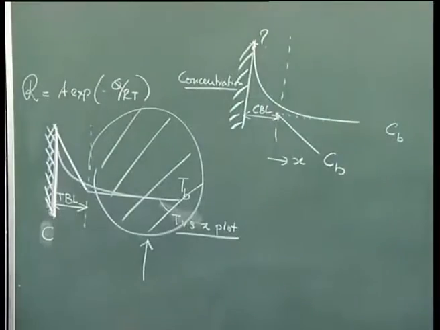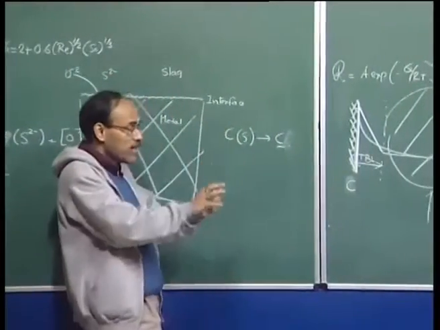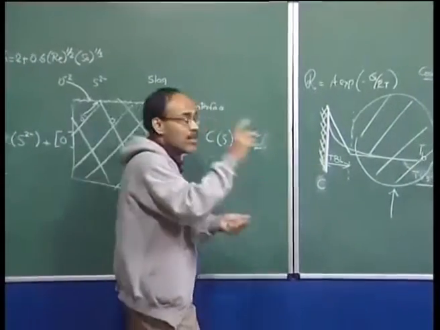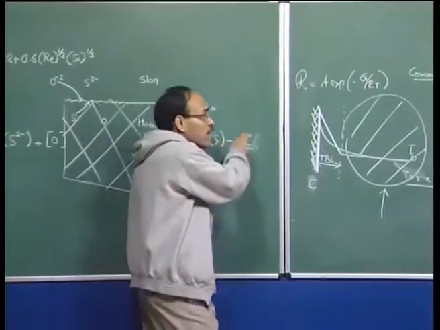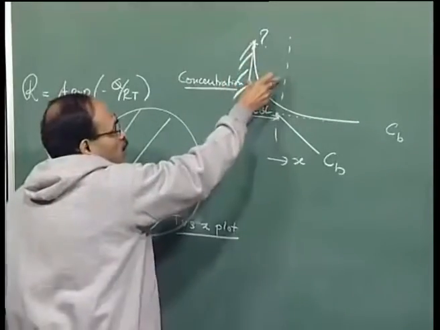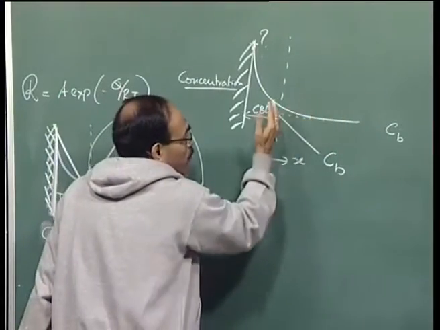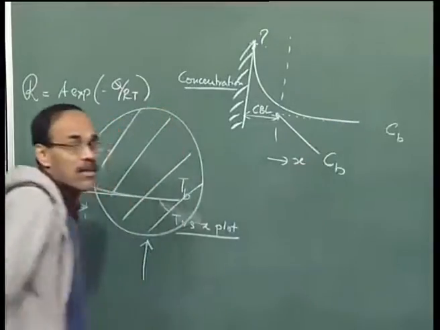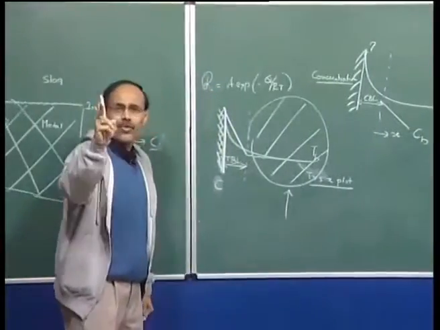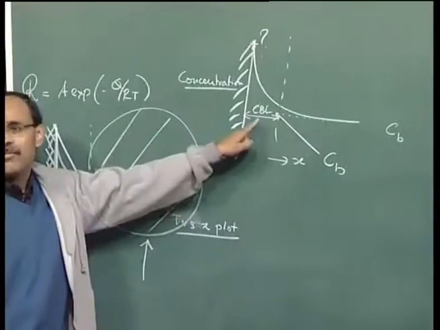Now, I will assume that the rate of dissolution, the rate of the solid going into the liquid, depends on the rate of this chemical reaction, plus the transport of the species from the boundary through the boundary layer, plus the transport from the boundary layer to the bulk. But the third step does not exist. The transport is determined by only two steps, the rate of the chemical reaction at the interface plus the transport across the boundary layer.